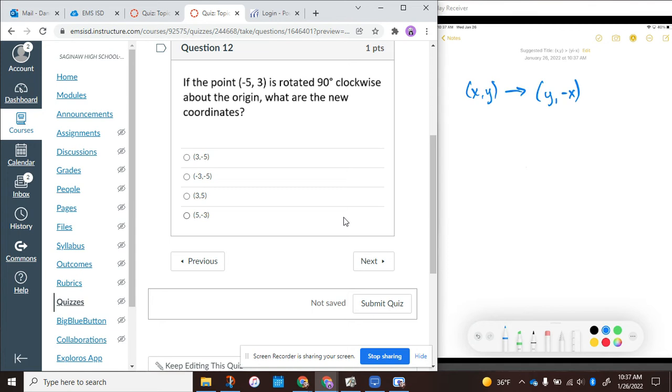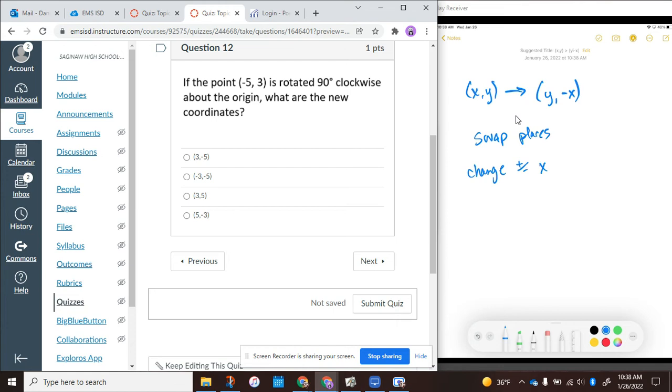Now that negative sign right there does not necessarily mean we're going to have a negative number. What it means is that we are going to take our original x value, and this number is going to be the opposite of our original. So what happens here is we swap places and we change the sign of our original x.